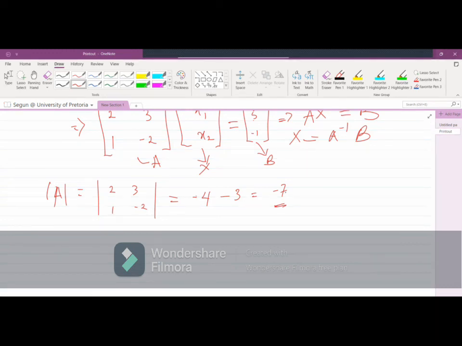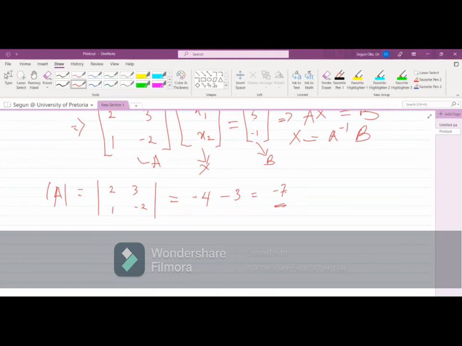Okay. Now we need to find the cofactor and the adjoint. How do we do that? Remember, you only have a minor matrix.